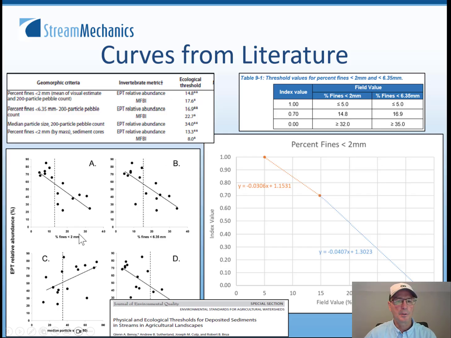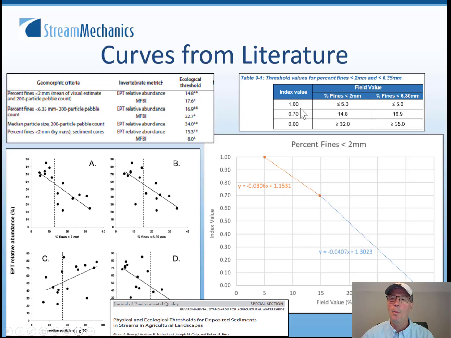If you look at this graph, you can see that in this paper, they were plotting EPT relative abundance as a percent versus percent fines, and they set an ecological threshold at 14.8. And so the team used this graph to create thresholds to convert from this paper into a reference curve that could be used in the SQT.